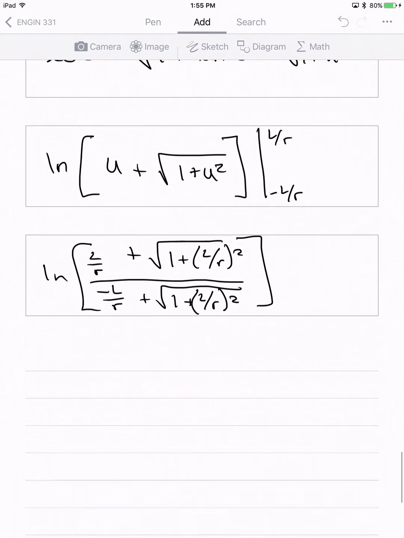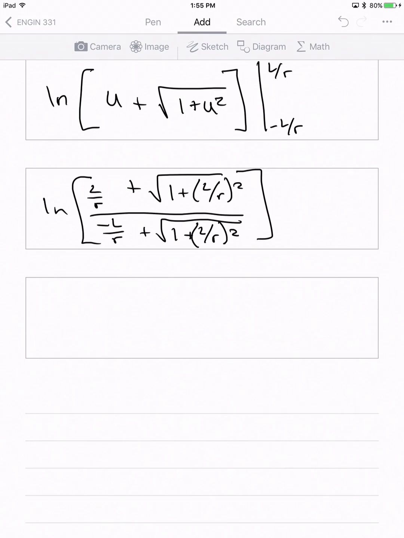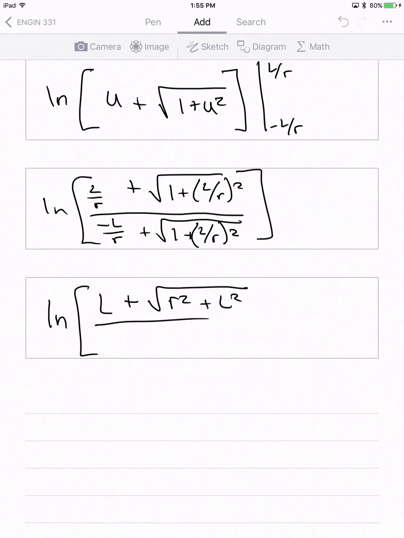Cool. In order to make this look nice and to have the same format as they ended up with in the book so that you can compare, we're going to multiply through on the top and bottom by R. Remember that multiplying by R, the R becomes an R squared inside the square root. So then you get ln of L plus the square root of R squared plus L squared, divided by minus L plus the square root of R squared plus L squared.